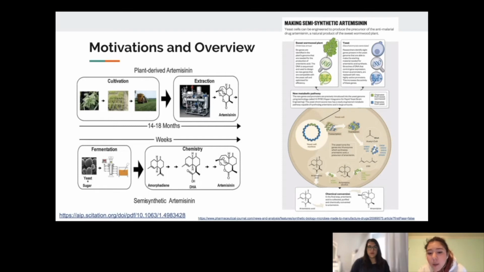As you can see as we move down the graphic and into our tan yeast cell area, there's a new metabolic pathway that's designed. Anything that's in green is originating from the plant, and anything in blue originates from the yeast.